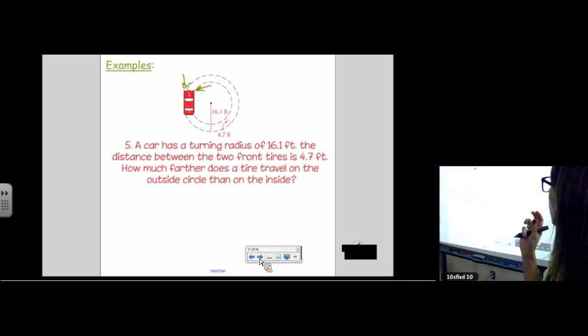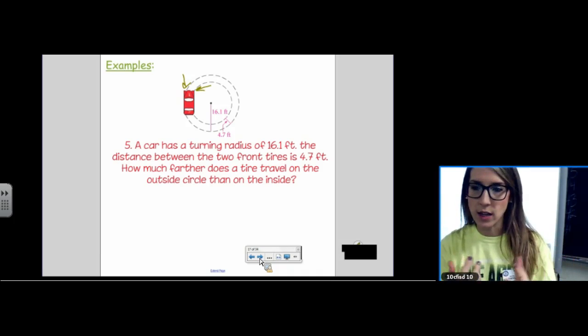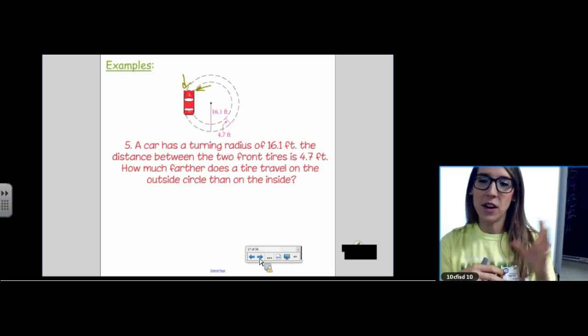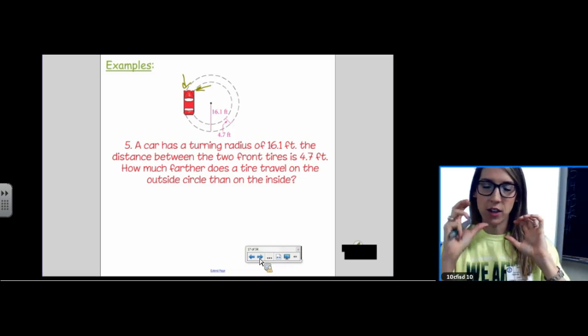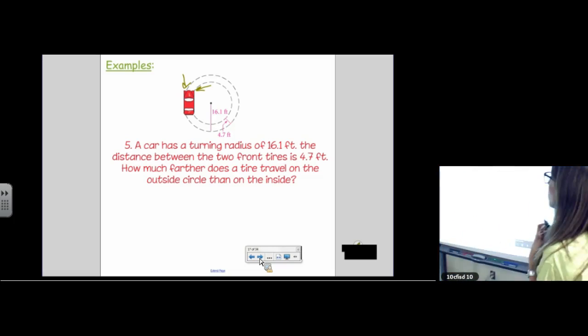So what value are we trying to find? What quantity are we trying to find? Circumference. Very good. And you even said difference of circumferences. Yes, we're going to find the circumference of the outer tire, the circumference of the inner tire, and we're going to subtract them, the difference. Very good.